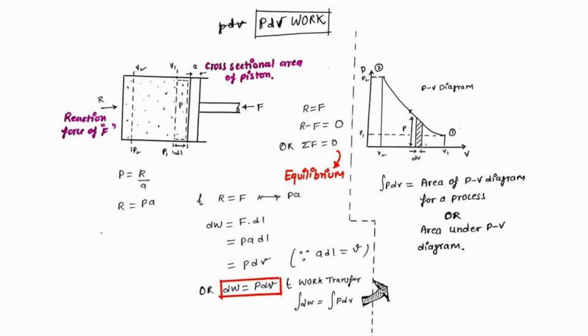But if we take an elemental strip in this PV diagram of, let's say, dV along the volume axis, then the integration of PdV, which is the work done, would be equivalent to the area of the PV diagram for the process. Or we can say the area under the PV diagram gives the work done.